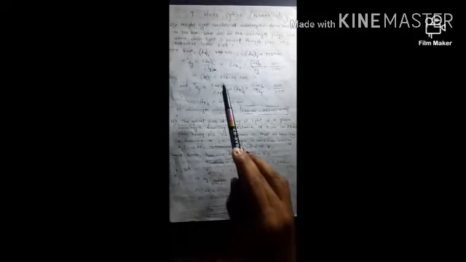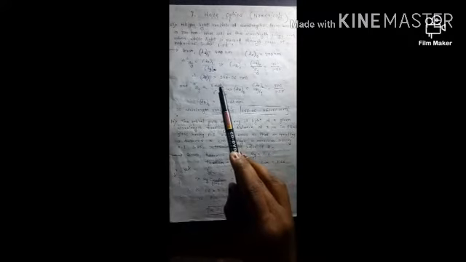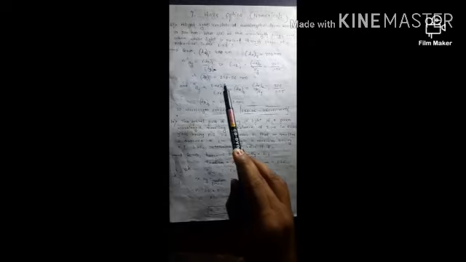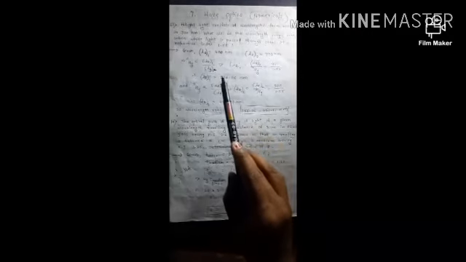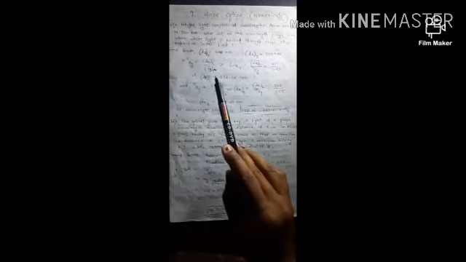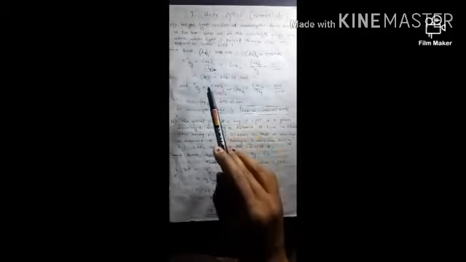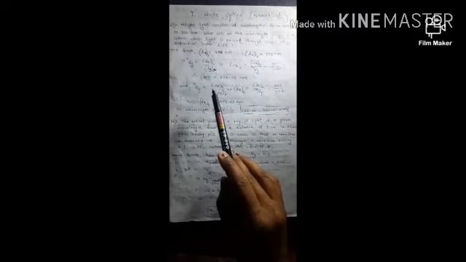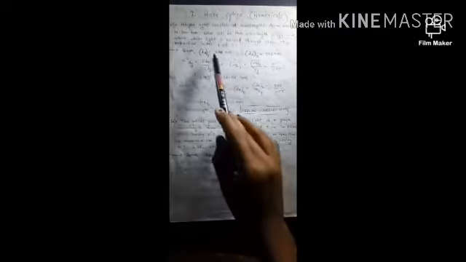So before going to solve this example, you should know the steps how to solve the given numerical. So first of all, the first step is carefully read the example. In the second step, you find out or pick out the given values from the example.